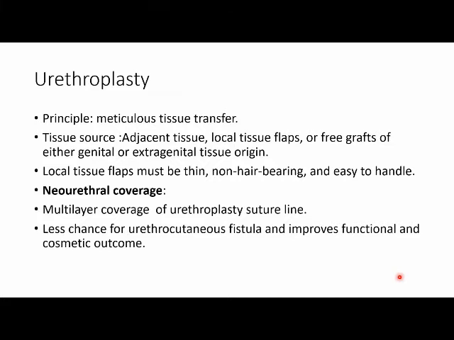Coming to the neourethral coverage, ideally multi-layer coverage of the urethroplasty suture line is preferred, and the suture lines should not be placed over each other, because in that case urethrocutaneous fistula chances will be more. So all the suture lines should be lying in different planes, and multi-layer coverage decreases the rate of urethrocutaneous fistula, and also improves functional and cosmetic outcome as it gives bulk to the penis.